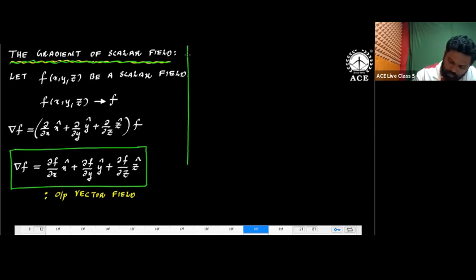Whenever I say vector field, it will have a magnitude as well as direction. What is the magnitude here?